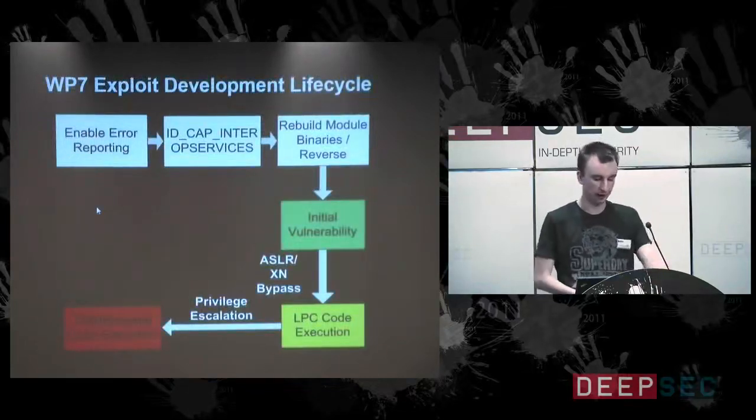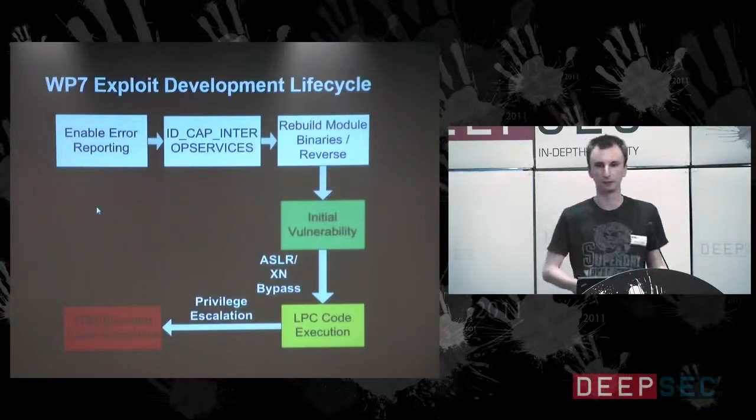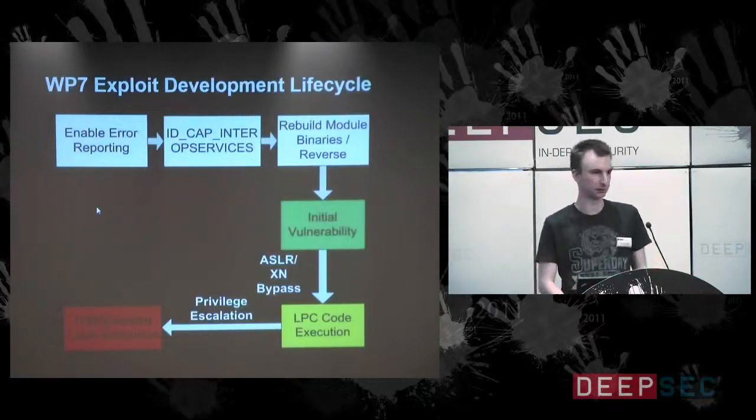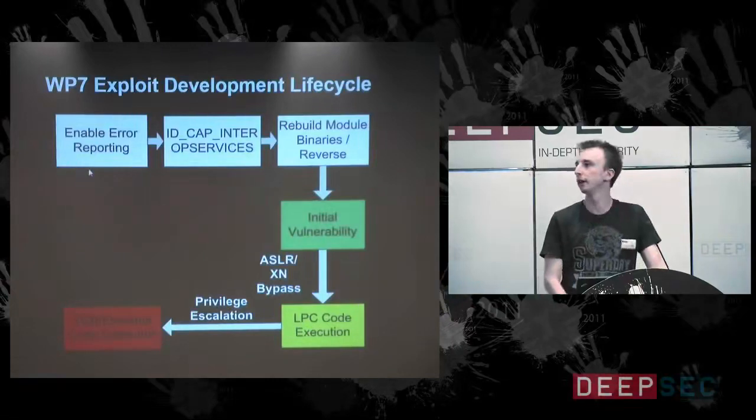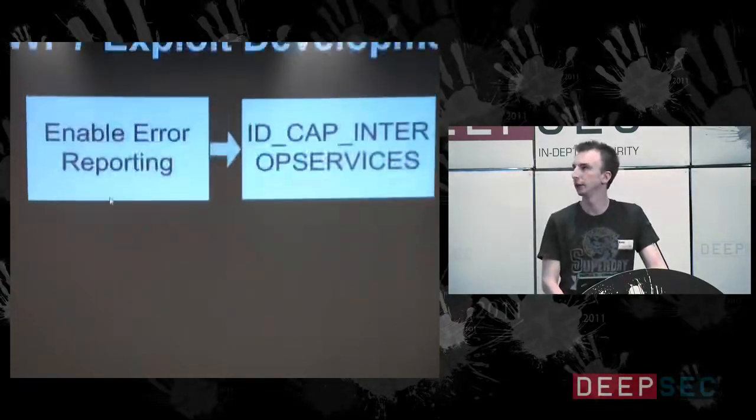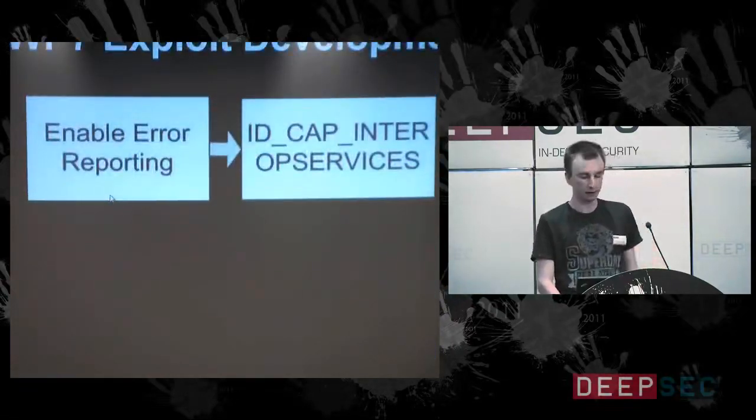I'm now going to speak about how to bypass this security model, how to perform attacks on the platform. There are a number of different stages you need to go through to actually compromise the platform because of all these security protections. The first thing I really wanted to do was to enable error reporting.